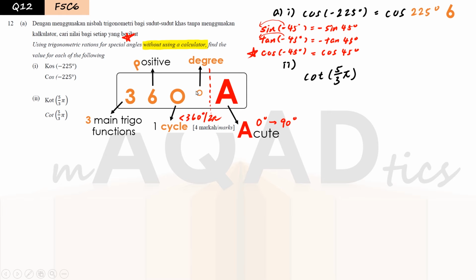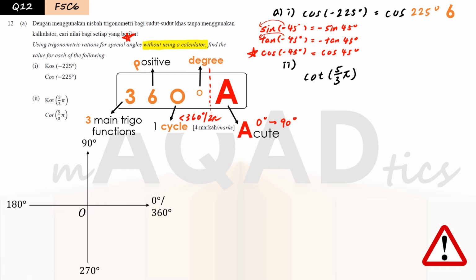Now we can go to the second part of the method, which is A, which is acute. As you can see, the angle that we have now is 225. So we need to transform it to be within 0 to 90 degrees, into an acute angle. How do we do that? We need to use the ASTC graph, which is this one.